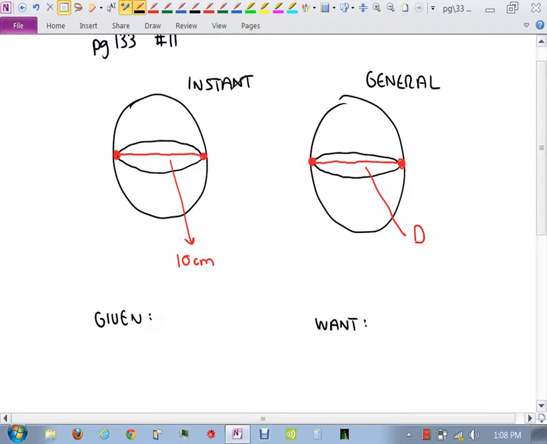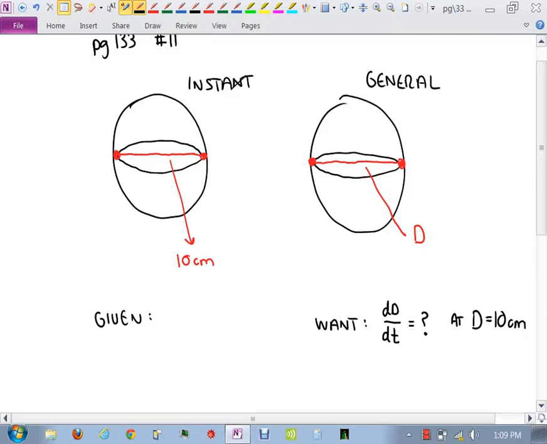So that's the derivative of the diameter with respect to time. That's the speed that the diameter is changing at. I want that at exactly the moment that the diameter is 10 centimeters, right?